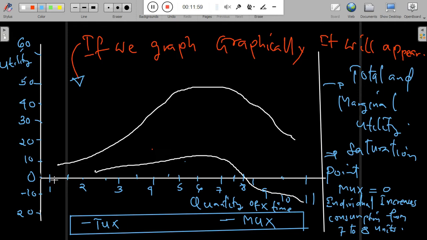So the graph goes upward to reach the maximum and then ends by declining. So the saturation point is where the marginal utility of x is equal to 0 and the individual increases consumption from 7 to 8 units of goods, as you can observe.